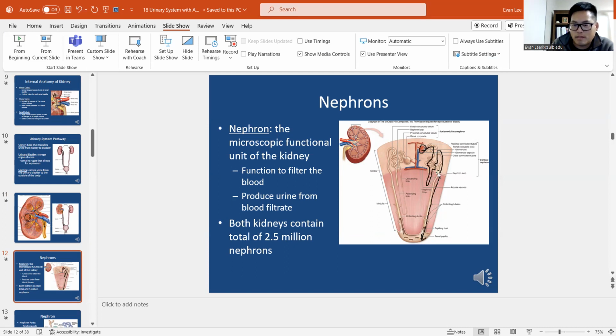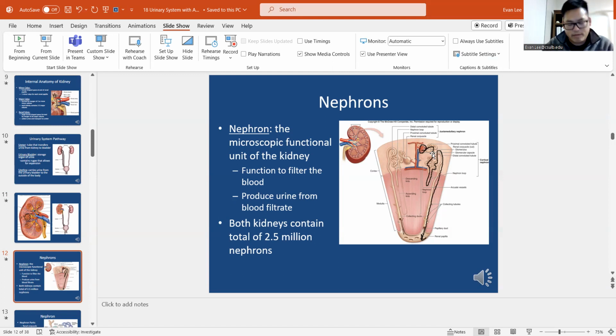But along this long tube, there's a lot of stuff that's going to go on, such as number one, filtering the blood, but number two, putting things in and taking things out. There's going to be a lot of adjusting of what you take out from your urine or from your blood, basically.